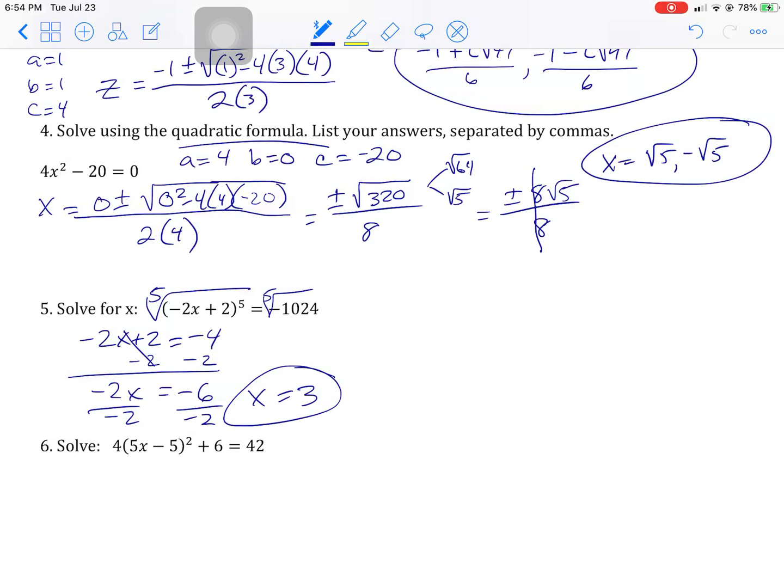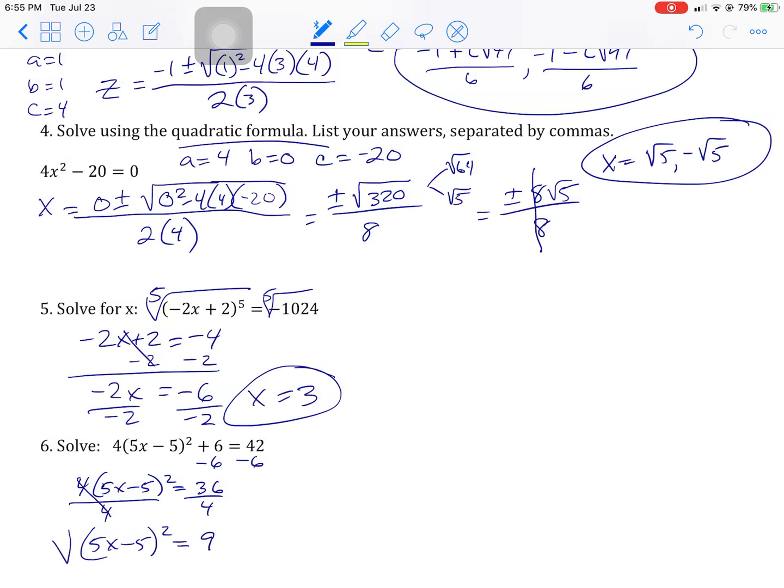This one has an exponent in the middle of it, binomial, so I need to move the 6. 42 minus 6, 36. To move the 4. 5x minus 5 is squared. I got my term alone. It's squared. My binomial that's squared alone on one side.